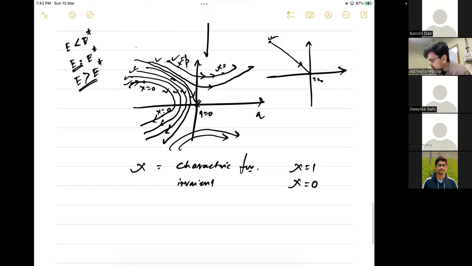All these trajectories have a particular energy E, let's say, but these two trajectories have different momentum. So you have to add potential energy also. To compensate the potential energy, these trajectories are bending like this. That's why they are bending.